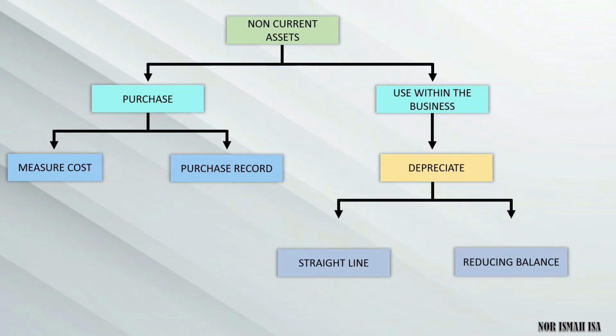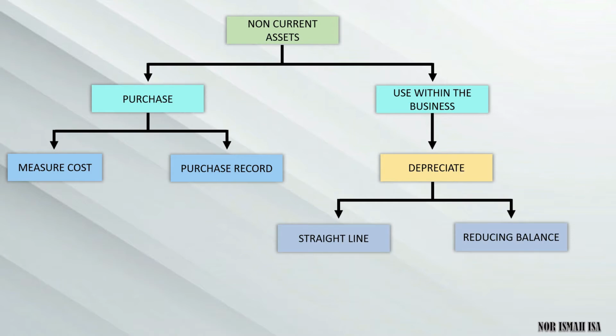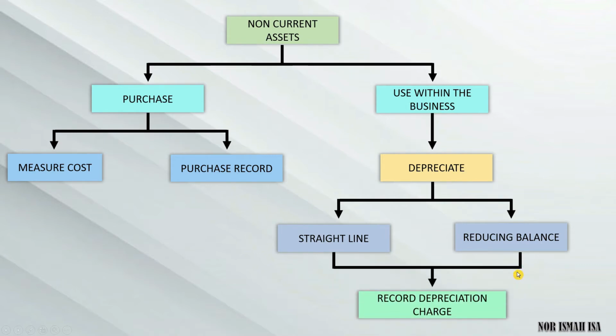You have two methods of depreciation of the non-current asset. One is the straight line method. Another one is the reducing balance method. For this syllabus, you will learn how to calculate the depreciation by using the straight line and reducing balance method, and we will record the depreciation charge for the year in the accounting entry.